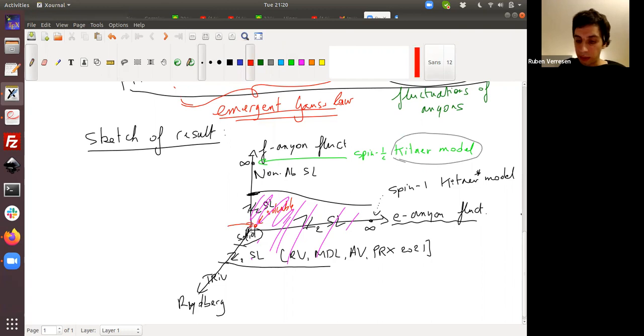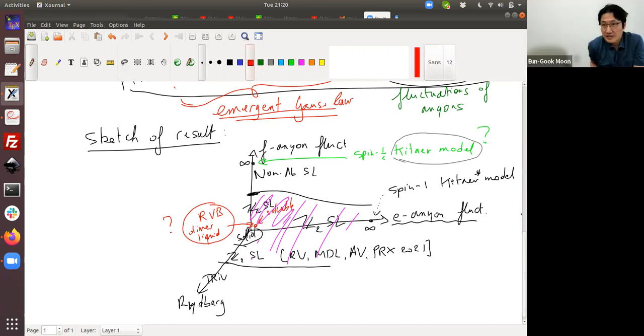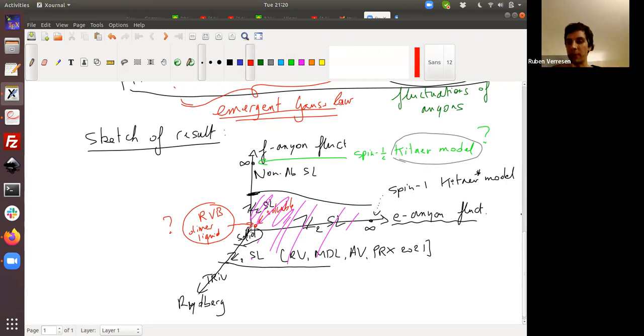This turns out to be something called an RVB state or a dimer liquid. And I'll also briefly review the Kitaev model. Safe to say at this point that they're both very well-established paradigms for approaching quantum spin liquids, but they're usually thought of as being very different.